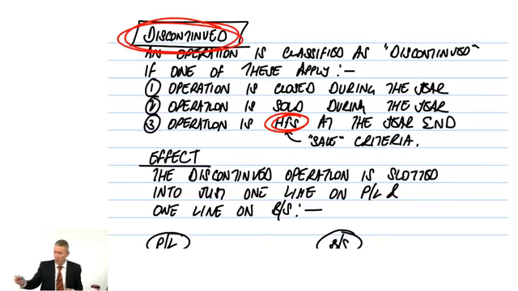If the coffee operation is HFS at the year end, then the coffee operation is also considered to be discontinued. What do you call plant that is held for sale? You call it plant held for sale. And what do you do? You put it into current assets. What do you call property that is held for sale? It's property held for sale. And what do you do? You put it into current assets.